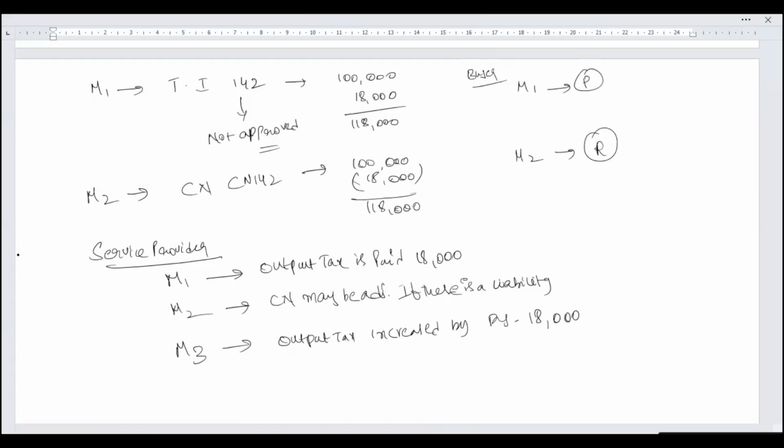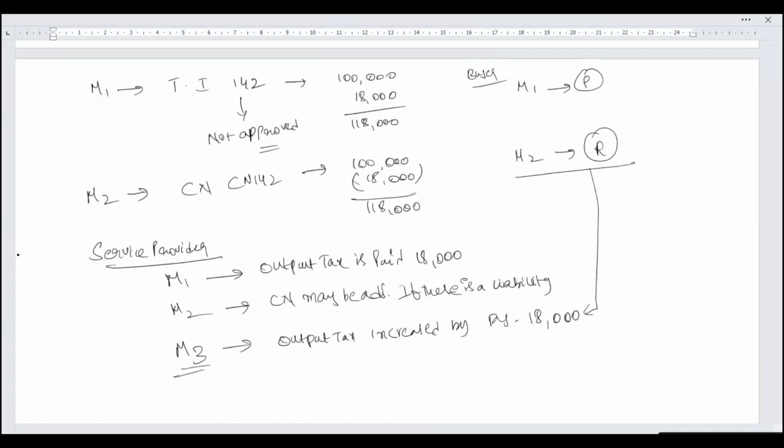When I file my return for month 3 as a supplier, because in month 2 there is a rejection, this has the ramification of increasing my output tax in month 3. The government says, look, I'm not bothered with your tax invoice. You gave a credit note, but it was rejected by your customer. Because it was rejected by your customer, you pay so much output tax.